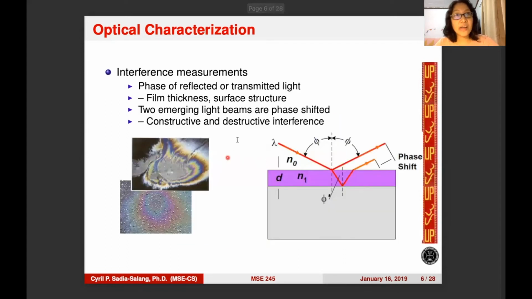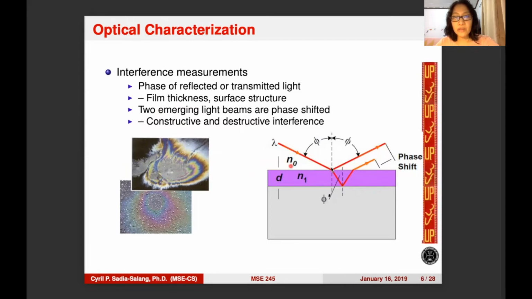The second category of optical measurement is interference measurement, wherein the phase of reflected or transmitted light is determined. This phase gives information about the film thickness and the surface structure. Here is how. On the right, we have a schematic of a sample with two types of layers.